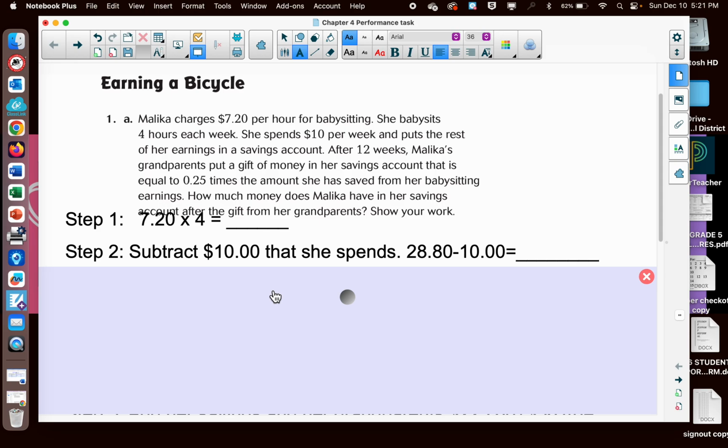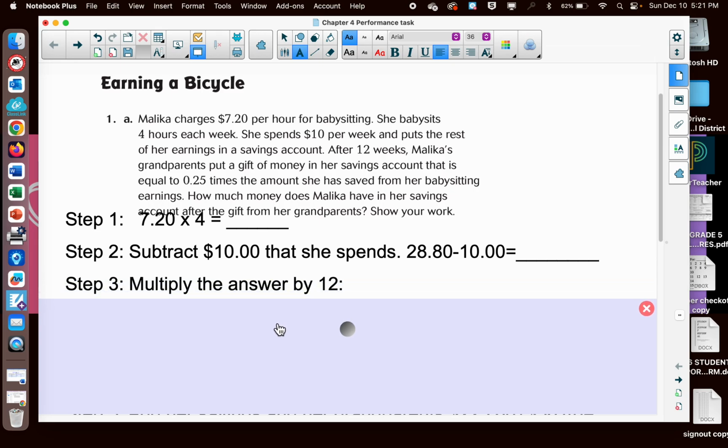She does spend some of her money. So with your calculator, and also write down the steps so you know for when you're doing it on your own, $28.80 minus 10. Once you do that in your calculator, you're going to multiply that answer times 12.